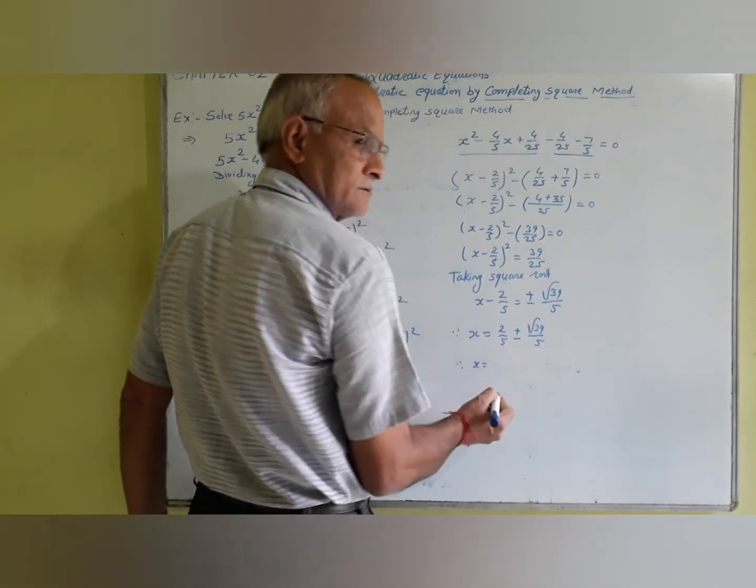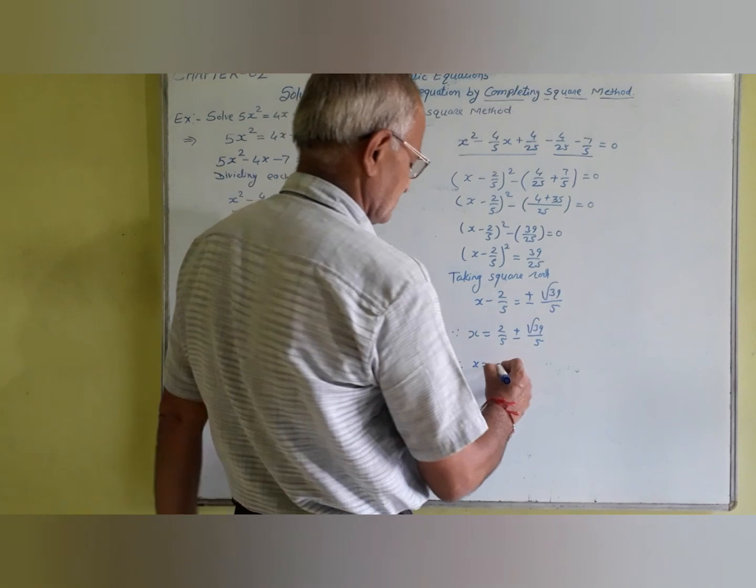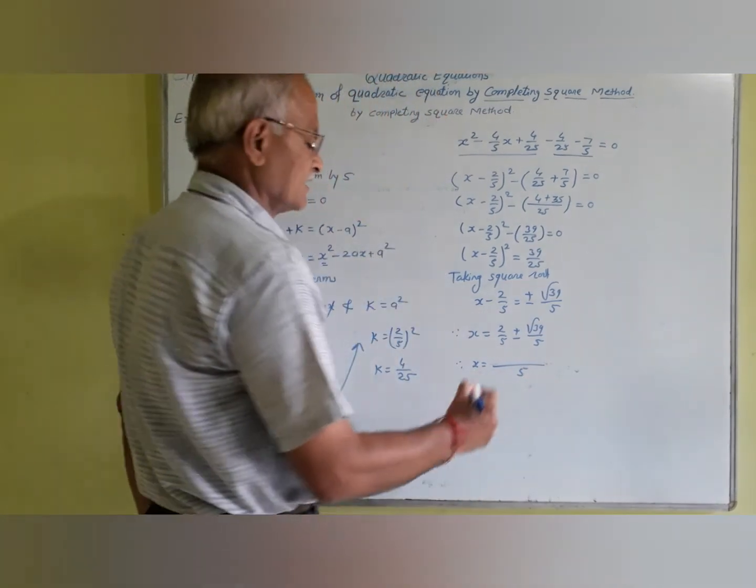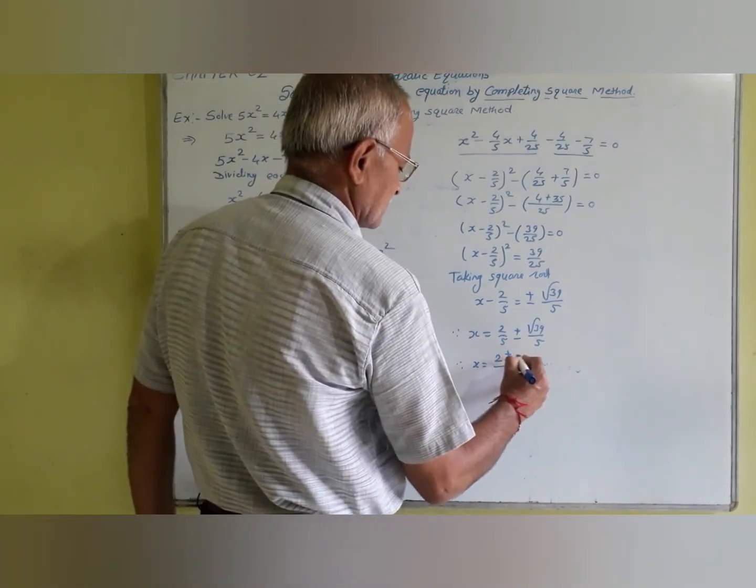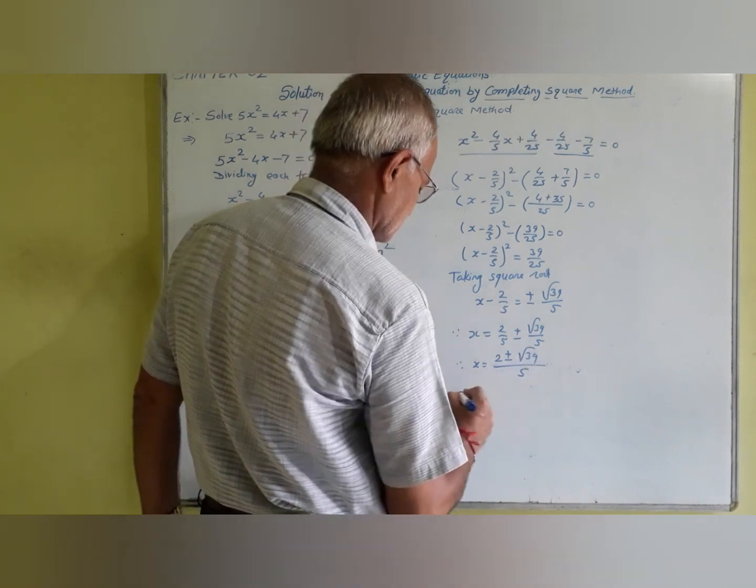Therefore, x is equal to, here the denominator is the same, it is 5, and in the numerator 2 plus or minus square root of 39.